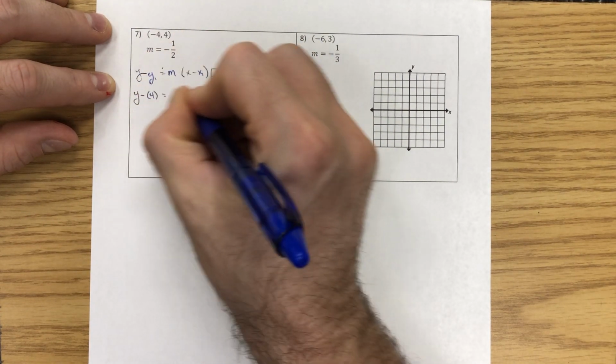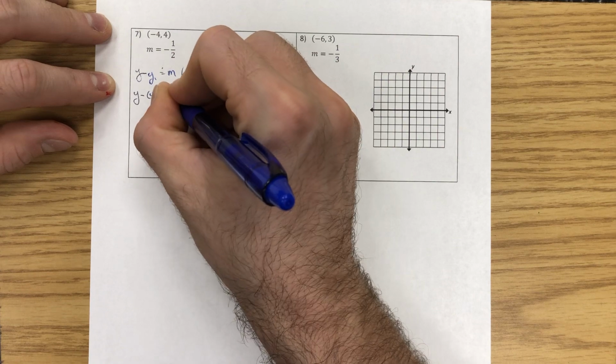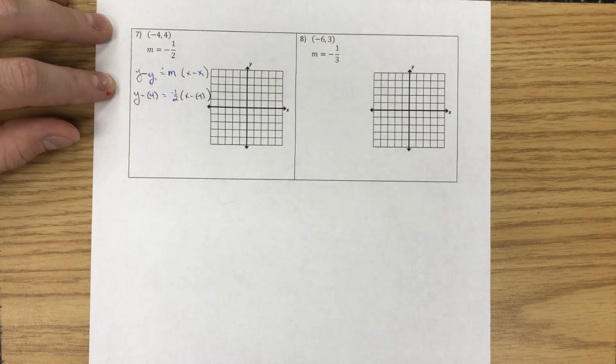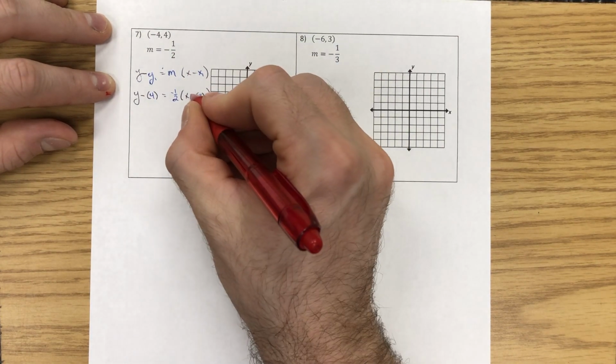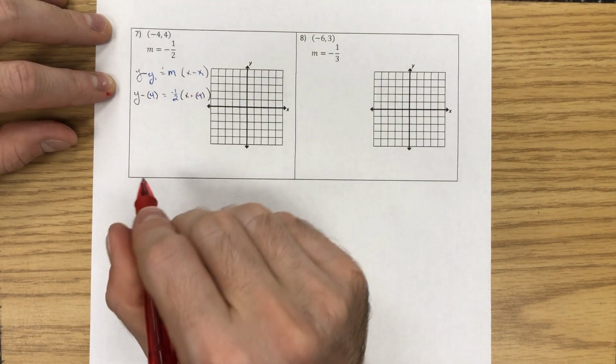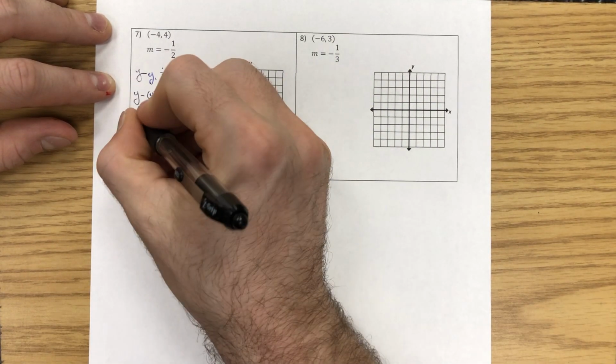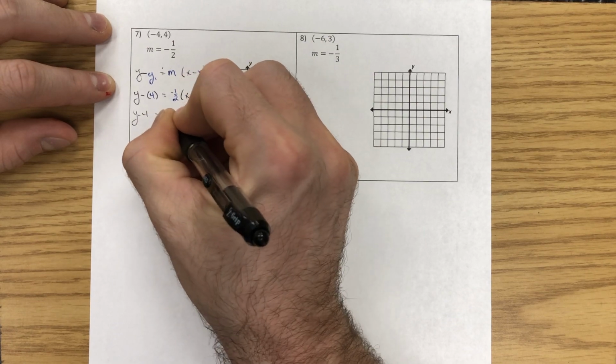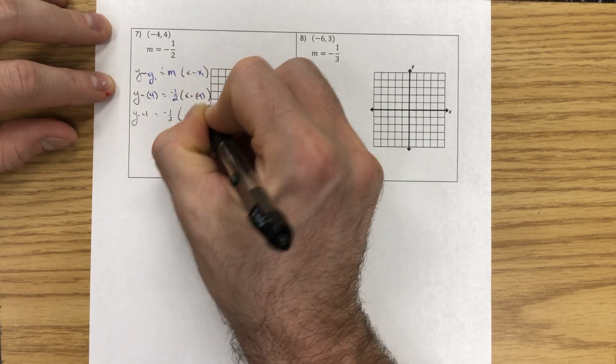I have a y1 of 4, an x1 of negative 4, and a slope of negative 1/2. Now, first things first, I notice that my double negative is going to cancel out. So I'm going to end up with y minus 4 equals negative 1/2 x plus 4.